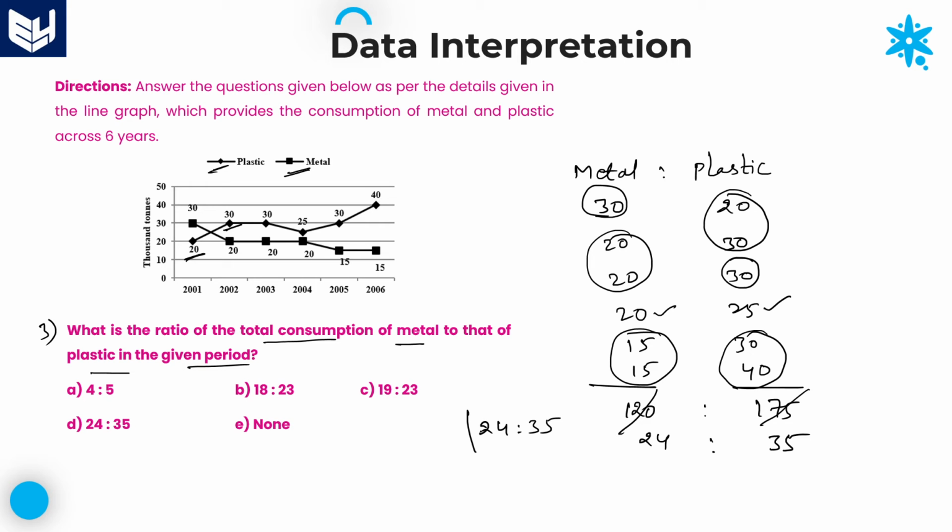This is the ratio of total consumption of metal to total consumption of plastic for the given time period 2001 to 2006. For these 6 years, the ratio of total consumption of metal to that of plastic is 24 is to 35. Among the options, option D is the right answer for this question.